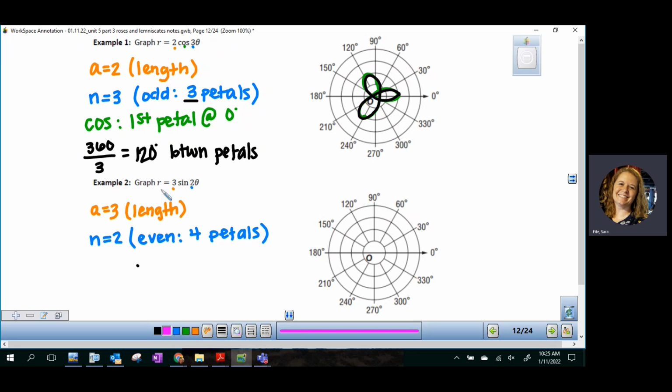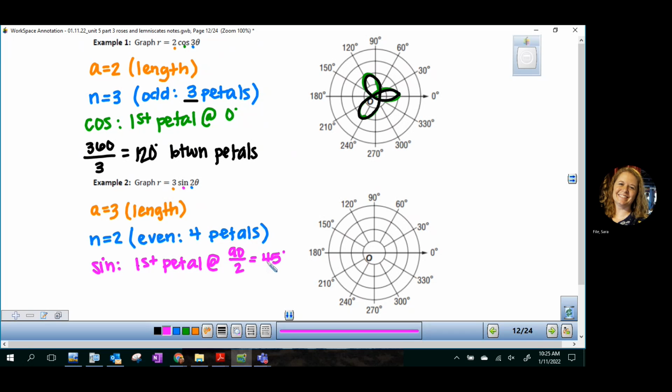This one is a sine function. So my first petal will not be at 0. It'll be at 90 divided by N, which is 2. So it'll be at 45 degrees. N is 2.